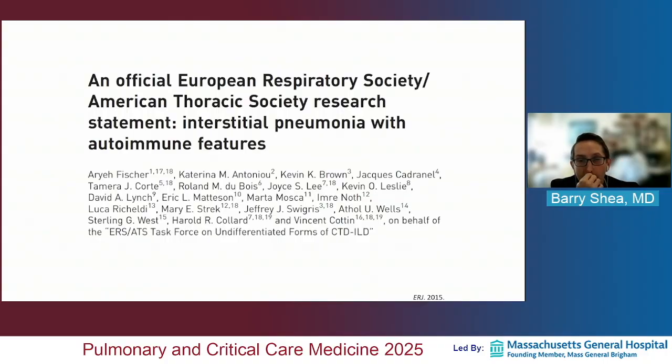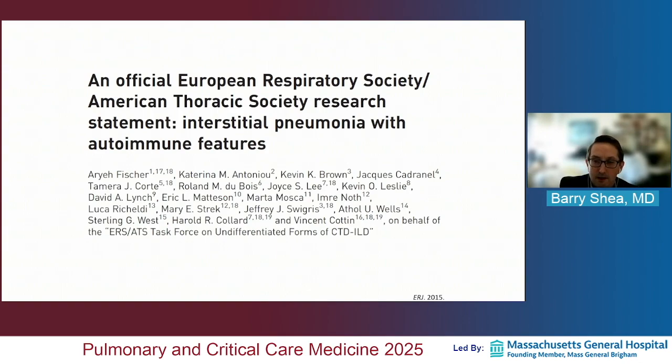Another useful way to think about these types of patients is under the umbrella term interstitial pneumonia with autoimmune features. This came out of a joint task force from the ERS and ATS that was looking at patients with interstitial lung disease of unknown cause that didn't meet defined criteria for connective tissue diseases, but had features suggestive of autoimmunity.